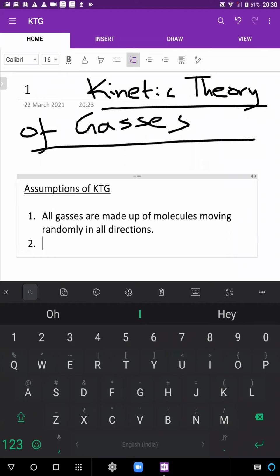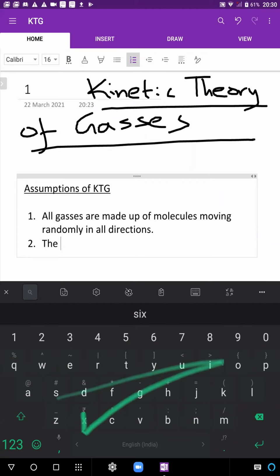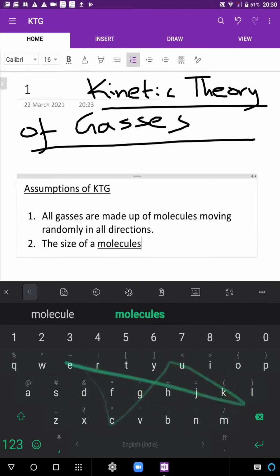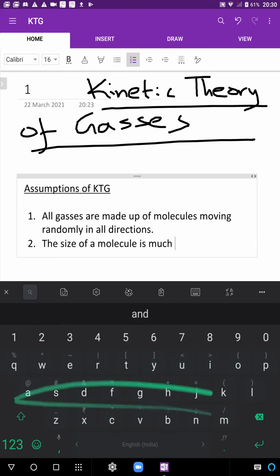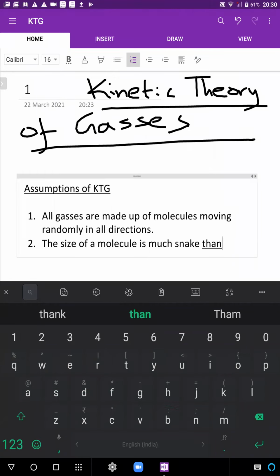This next one is the size. Yes, intermolecular forces ka bhi ek point hai. The second point is the size of a molecule is much smaller than the average separation between the molecules.